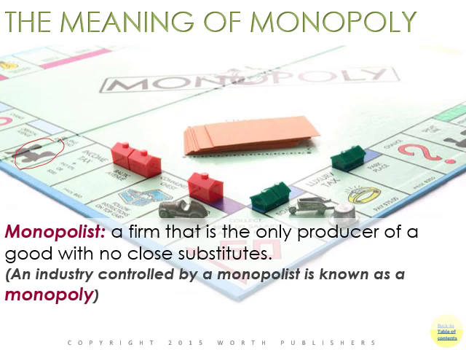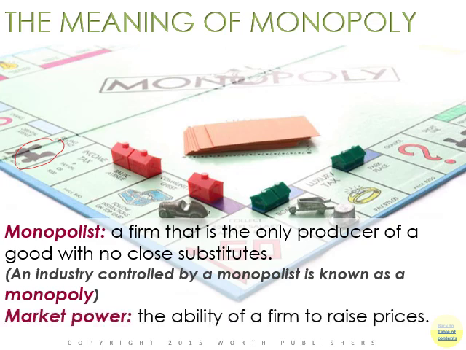The one firm in that industry is known as the monopolist or the monopoly firm. And in this market structure, if the firm was allowed to pick any price point they wanted, they would clearly have the ability to raise prices above what would exist if there were more competition in the market.